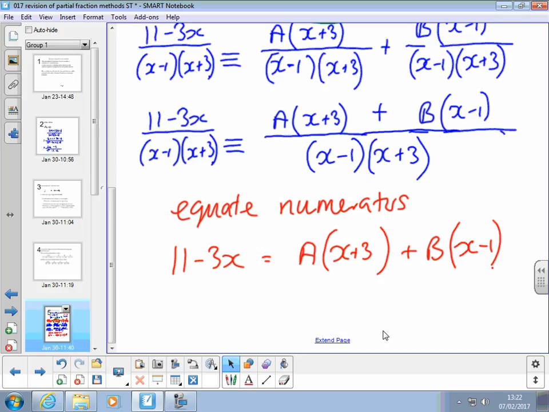Now what can we do? What you're looking for is to make either that equal to 0 or that equal to 0. Let's start with x equal to 1.